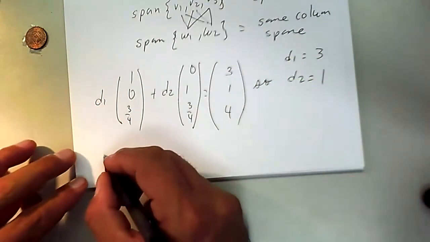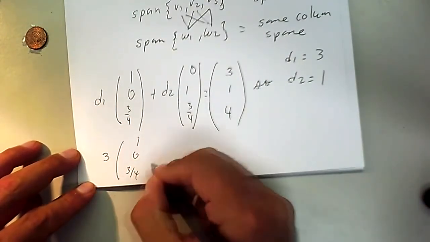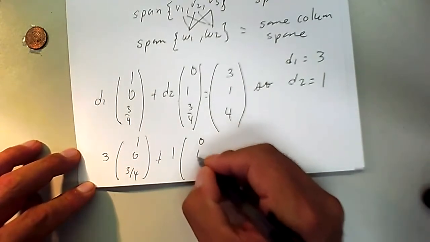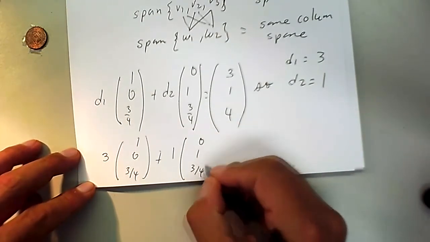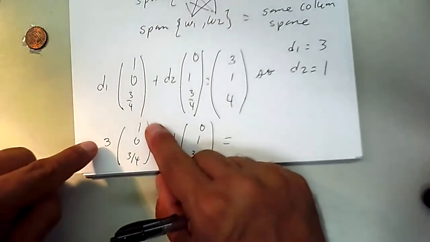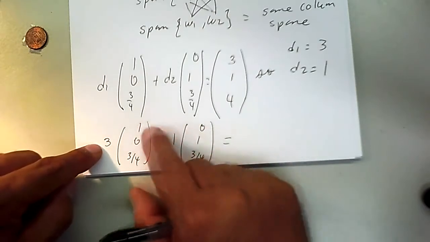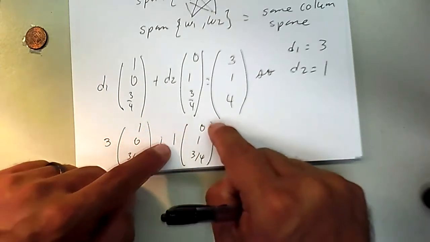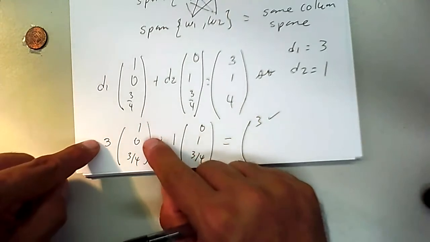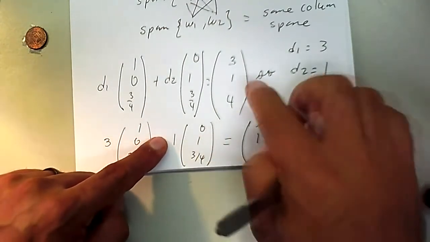Let's double check. So 3 times (1, 0, 3/4) plus 1 times (0, 1, 3/4) should give us (3, 1, 4). But let's see if it's true. Let's do it row by row. 3 plus 0, 3. Yeah. 0 plus 1, 1.